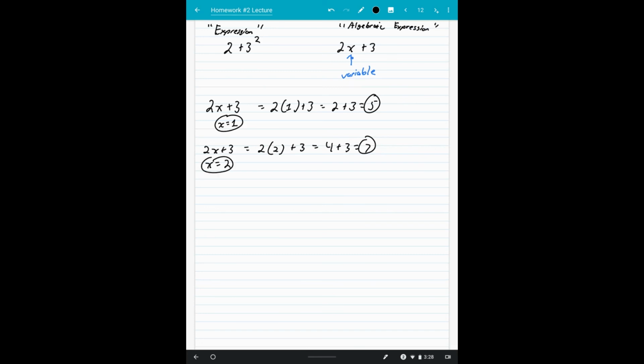So variables come in all different letters, Greek letters, symbols. Doesn't really matter. A lot of common variables that we use in math are x, we use y, we use z, we use a, b, c.